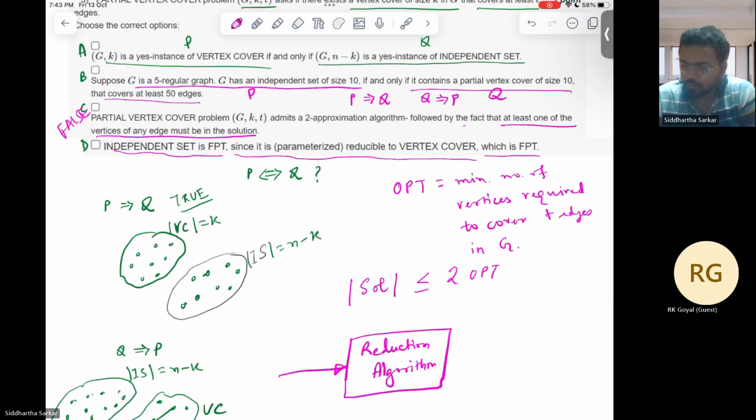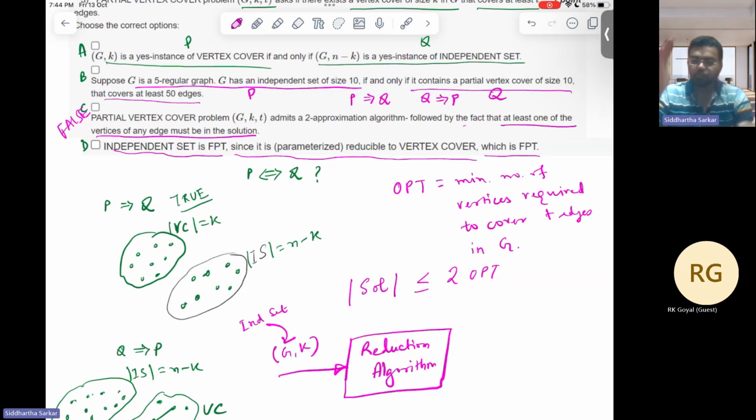Somebody gives you an independent set instance. So somebody gives you a graph and a parameter k. This is an instance of the independent set problem. Somebody is asking, can you find me a k-sized independent set in this graph G?